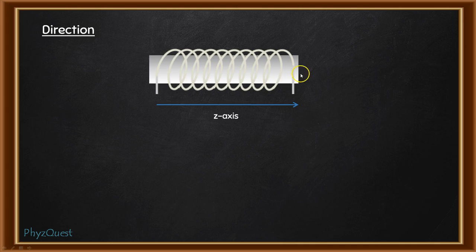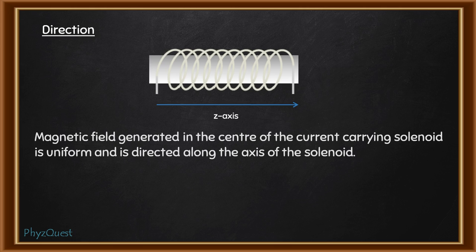The magnetic field generated in the center of this current carrying solenoid is uniform and is directed along the axis of the solenoid. The axis of the solenoid is along the z direction here, and the magnetic field inside the solenoid is directed along the axis of the solenoid, which means the magnetic field is along the z direction.